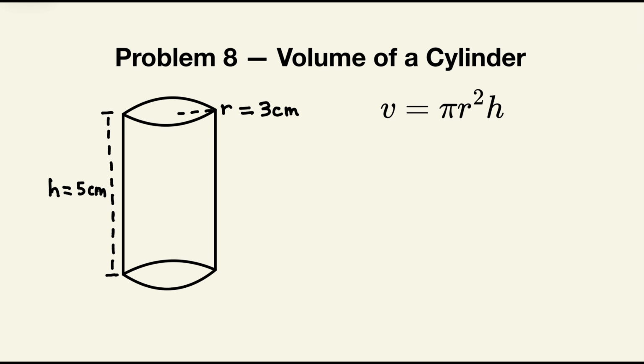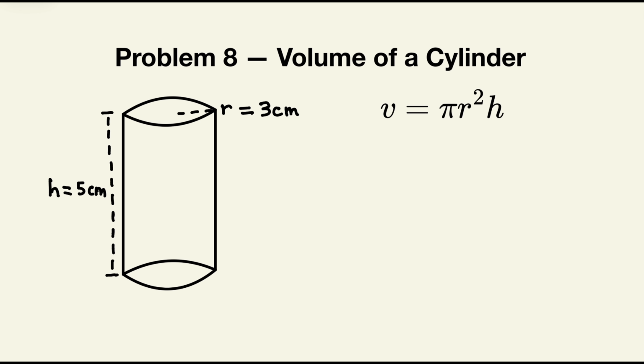Here we need to find the volume of a cylinder. Notice our radius is 3 centimeters and our height is 5 centimeters. But we're going to use this formula to find the volume. So that is volume equals pi times the radius squared times the height.